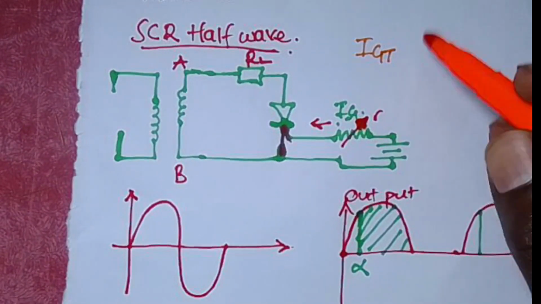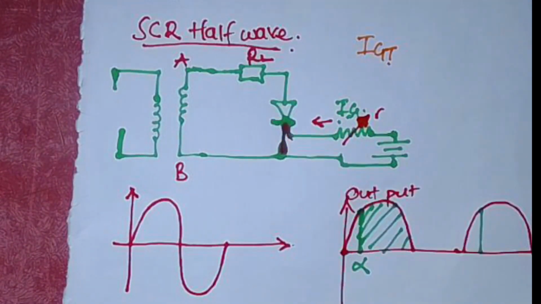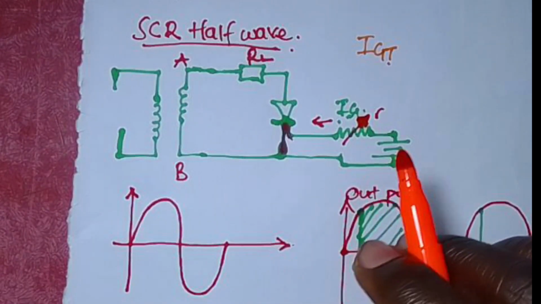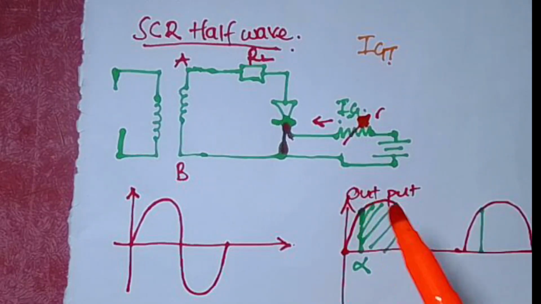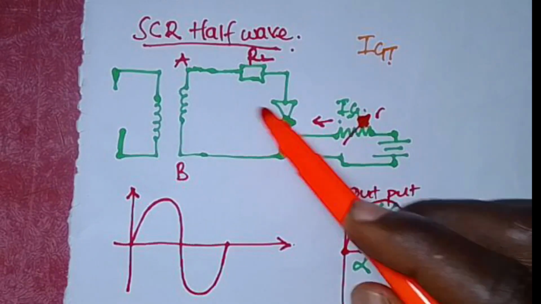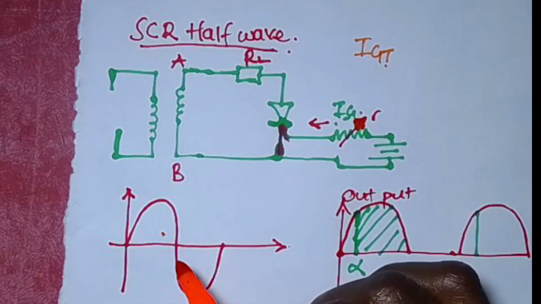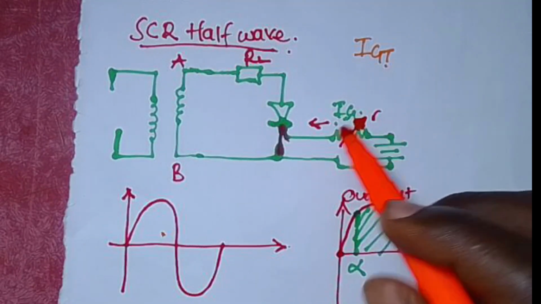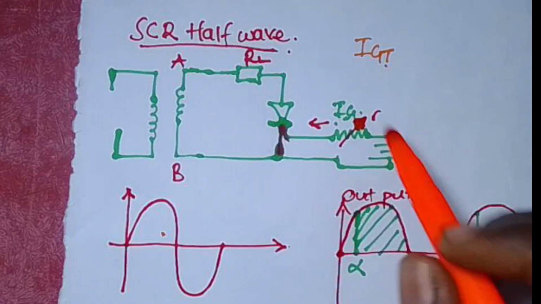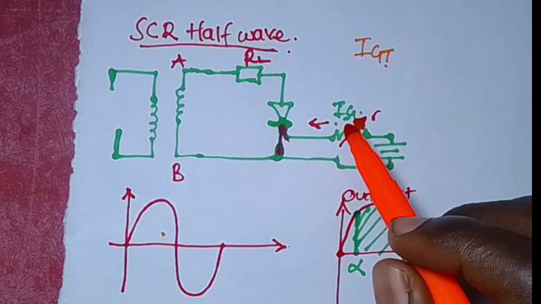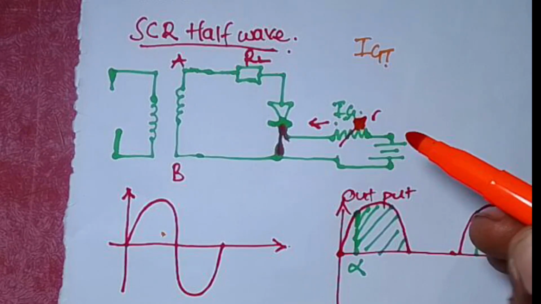So once you set your gate current to a certain value, you're varying the voltage at which this SCR will turn on. Previously, we saw that when we don't have a gate current, the SCR turned on when the applied voltage was greater than or equal to the breakover voltage. But when we apply a certain current, this SCR will be turned on at a much smaller voltage, depending on the amount of current. So this is like a volume knob.